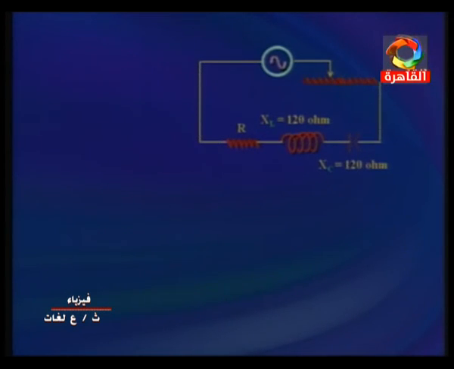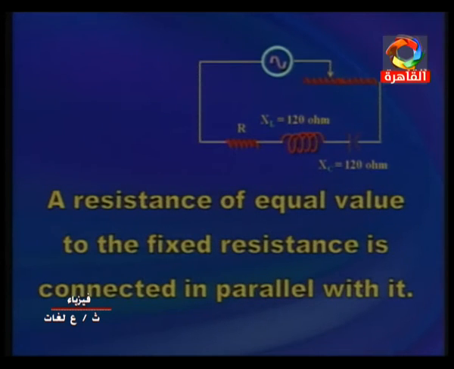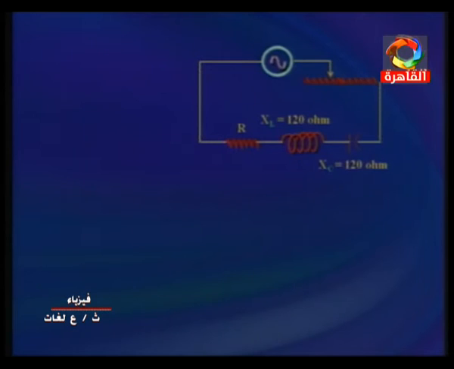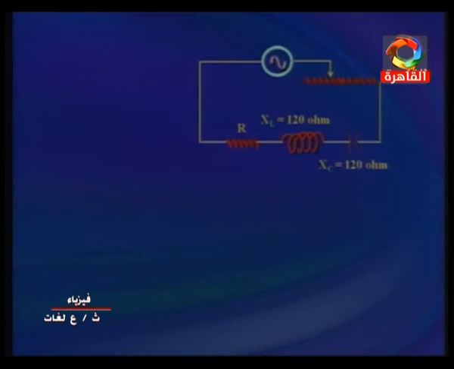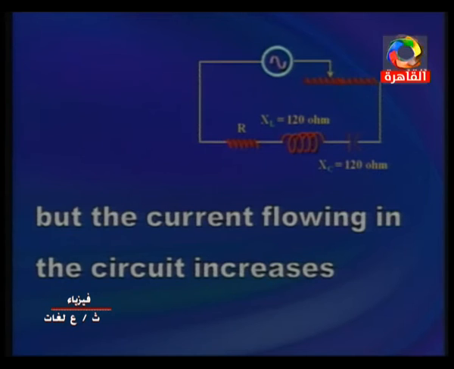What happens when a resistance of equal value to the fixed resistor is connected in parallel with it? Okay, this has no effect on the resonance state, but the value of the resistance is decreased and the current will increase. So the circuit remains in a resonance state, but the current flowing in the circuit increases.